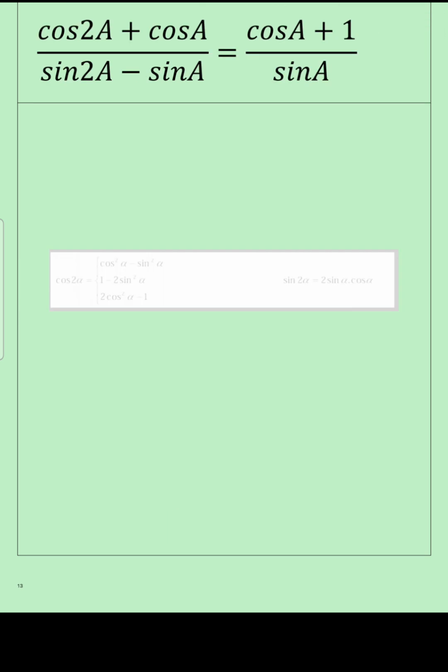Then the identity would have been proven in this way. So yeah, we're looking at this one. We must choose from this double angle identity, of course. Choose from this or that. So let's see what we can do.